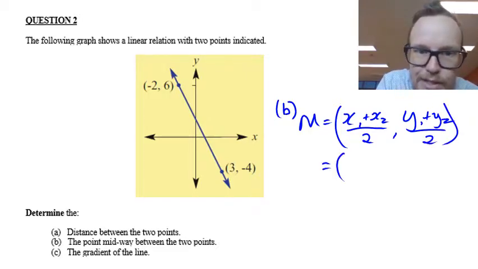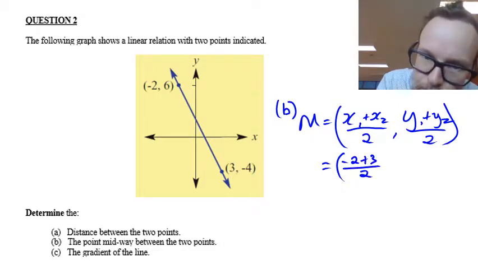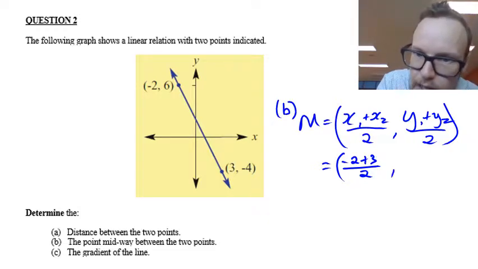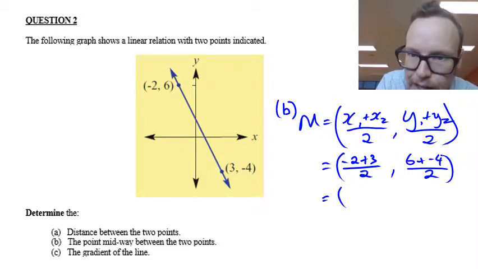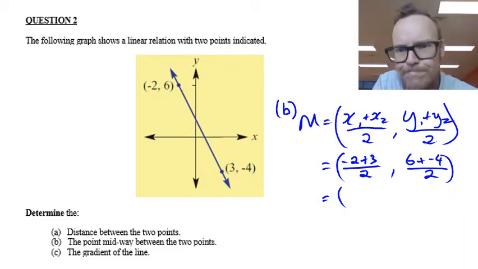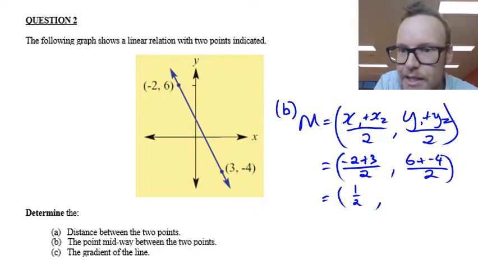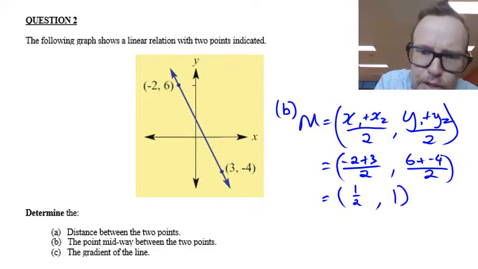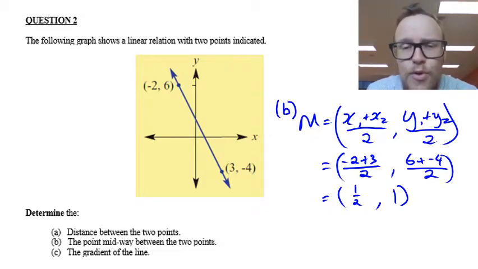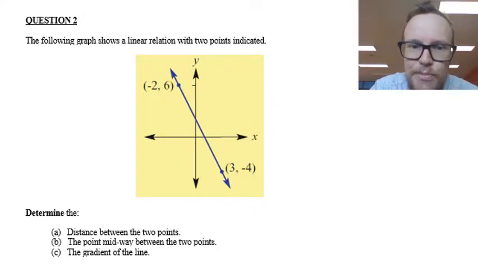So x1 I said was negative 2, x2 is 3, over 2, and y1 is 6, and y2 is negative 4, over 2, and so I get positive 1 1/2 over 2, that's going to be 1/2 here, or 0.5, and then I get 6 plus negative 4 is 2 over 2, 1. So that can be 1/2 or 0.5 as well. 1/2 and 0.5 are exactly the same. So that's our midpoint between the 2 points.